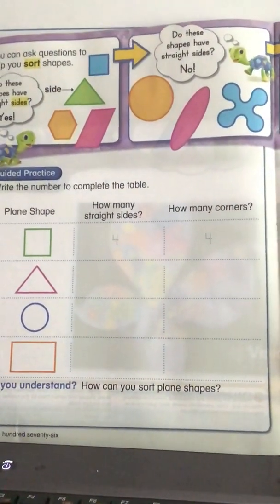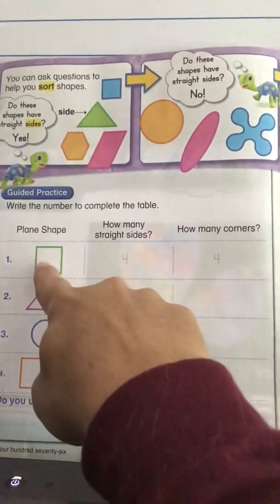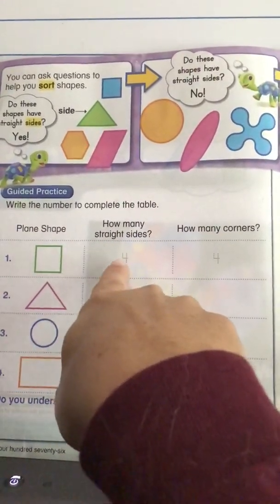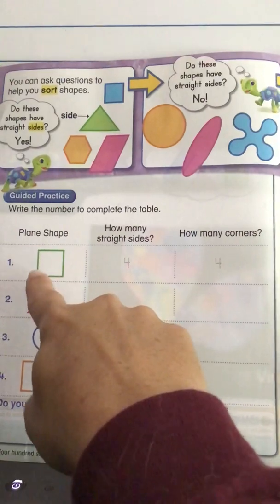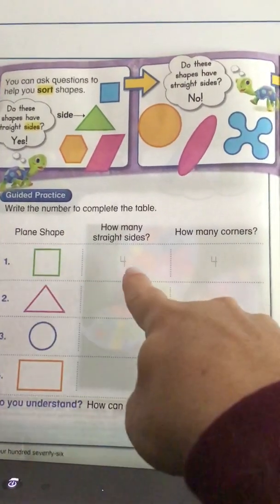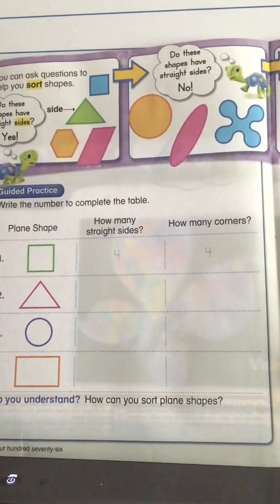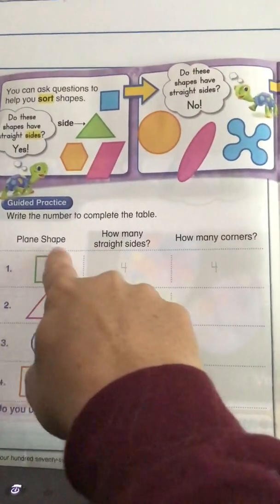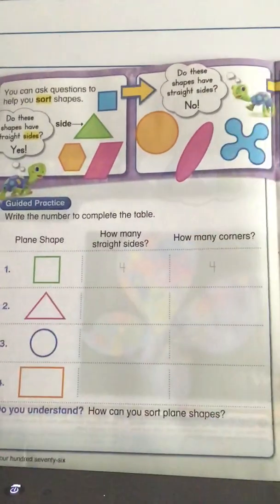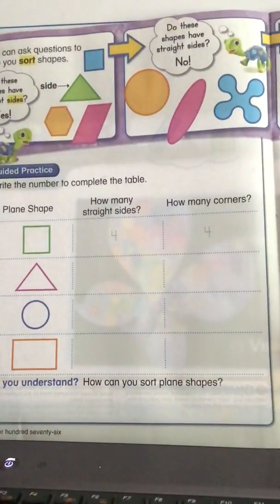So number 1 is done for us. This is our square. When we count the sides, 1, 2, 3, 4, you can trace the number 4 that's there. And then we count the corners, 1, 2, 3, 4. You can count the number or trace the number 4 that's there.